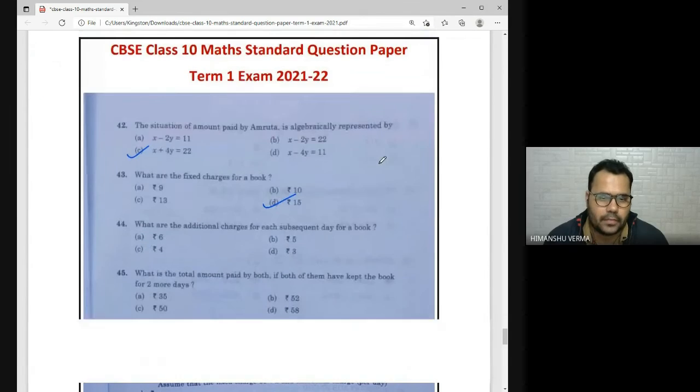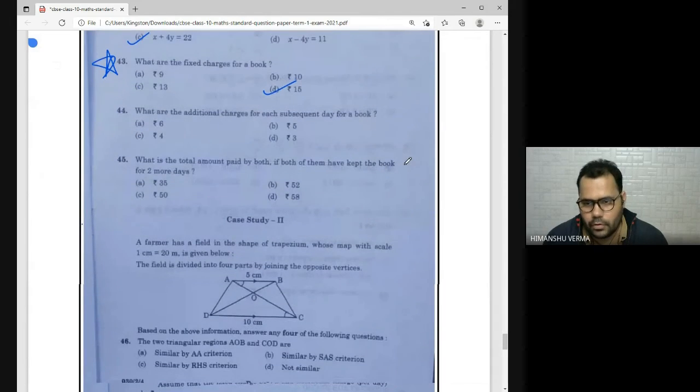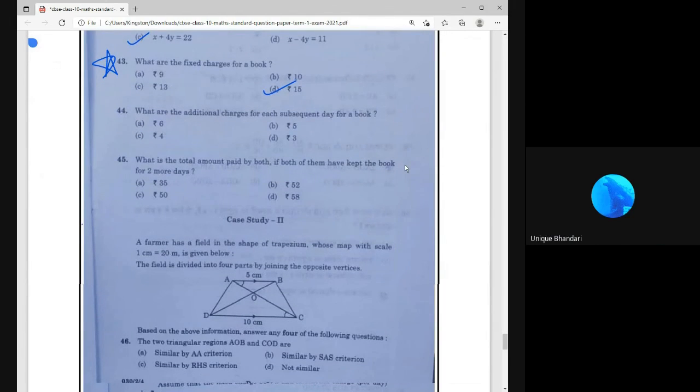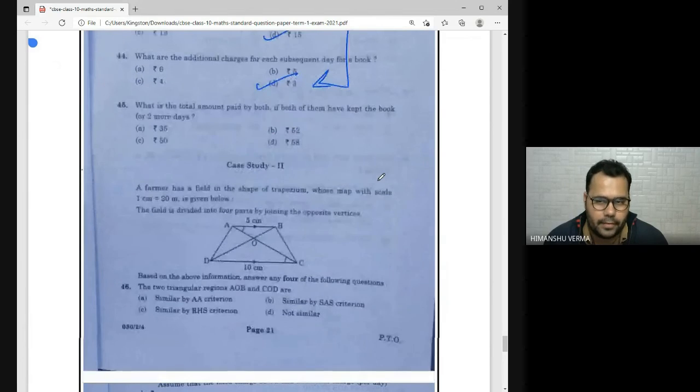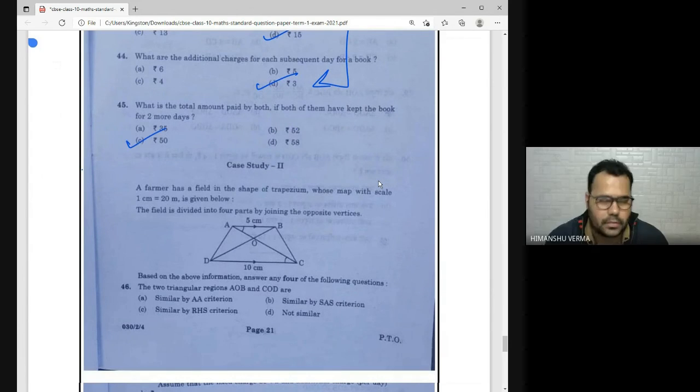There's something wrong. I think we'll discuss it. 43 is not B. Okay, 44. Tell me 44. D. Yes, sir, 3 additional charge. Okay, 45. 45 is skip. Answer is C in this case.